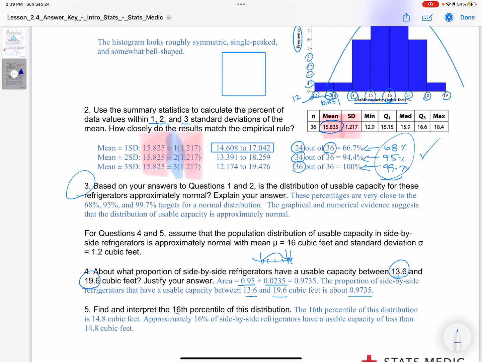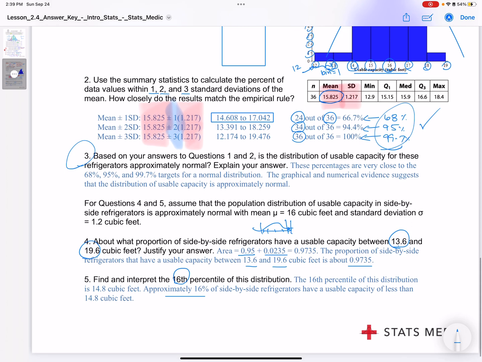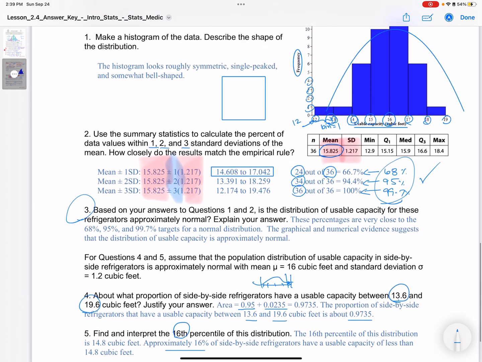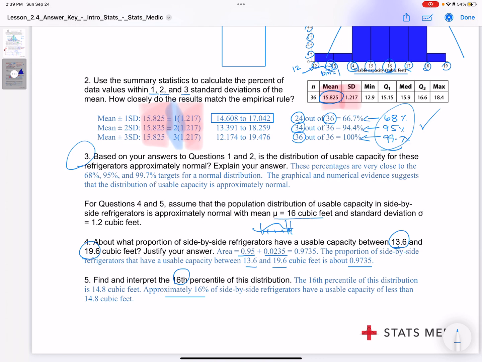Find and interpret the 16th percentile. So the 16th percentile is 14.8. And that's because it's approximating that about 16% have a usable capacity of 14.8 or less. And you can see that it has the mean of 16 and the standard deviation of 1.2.